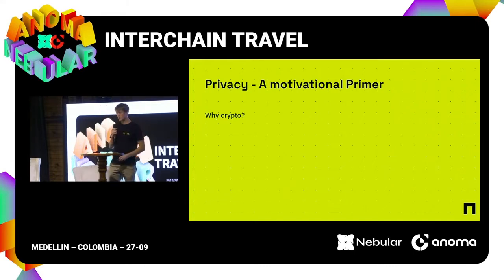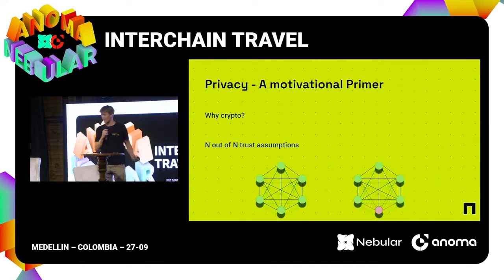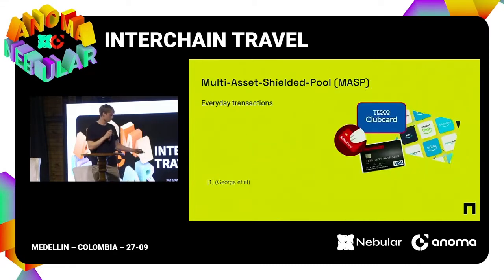The problem with transparent blockchains is that I have to trust that not a single party in the entire world that is watching the blockchain will use the data that I emit for my transactions in a way that I don't want them to. And that creates an N out of N trust model, which I generally would not like to operate under.